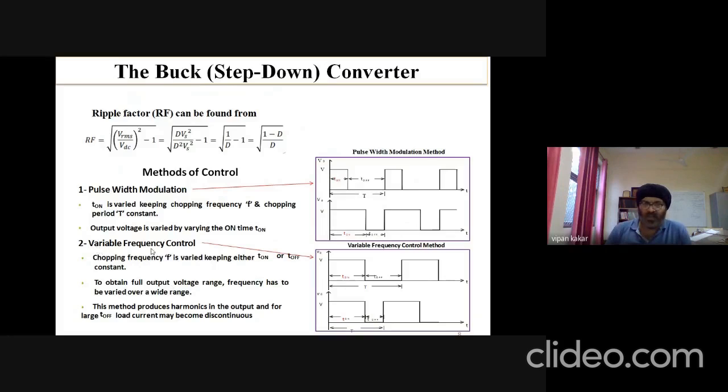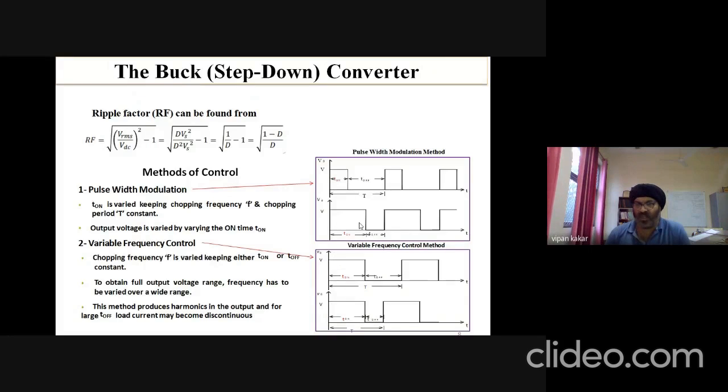Now pulse frequency modulation, which is also called variable frequency control. In this case, chopping frequency is varied, keeping either turn on or turn off time constant. Only the frequency changes, means time period, capital T, changes, but turn on time or turn off time always remains fixed.